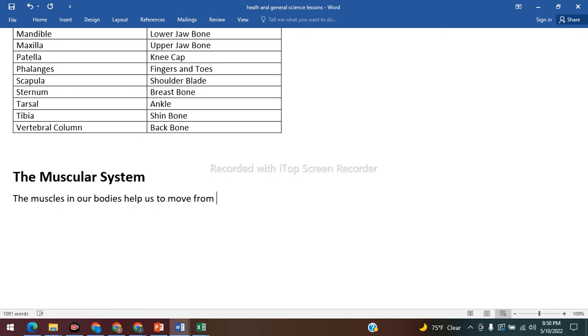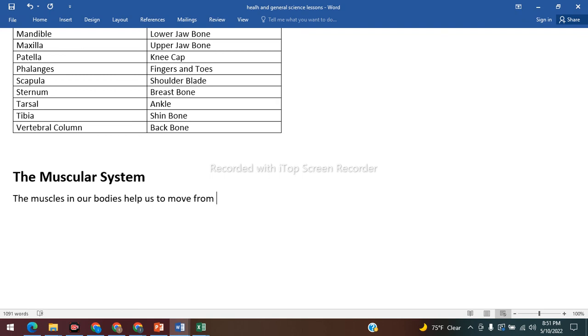Things like temperature, the pH of the blood, the sugar levels in the blood, those things the body works to keep constant. And when they are thrown off, the body works to bring it back. So the muscles play a very important role in that.